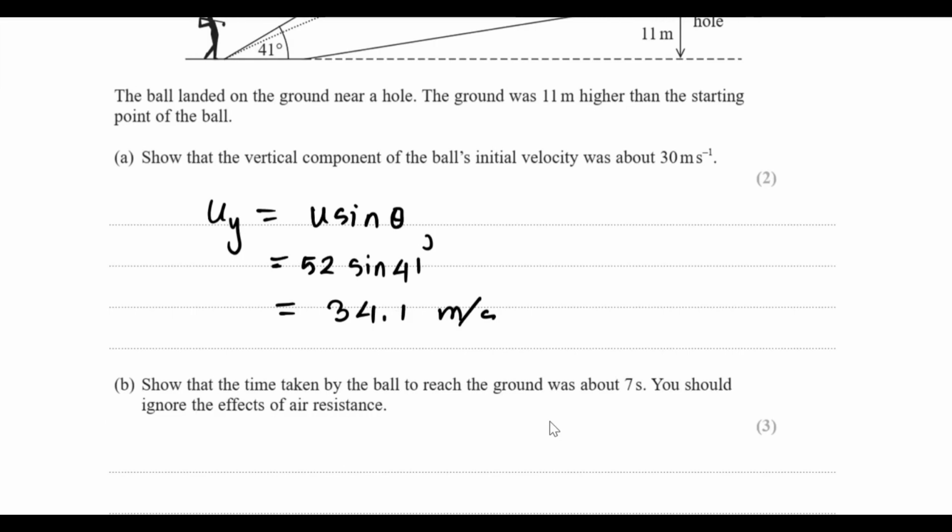Now question number B. Show that the time taken by the ball to reach the ground was about 7 seconds. You should ignore the effect of air resistance.